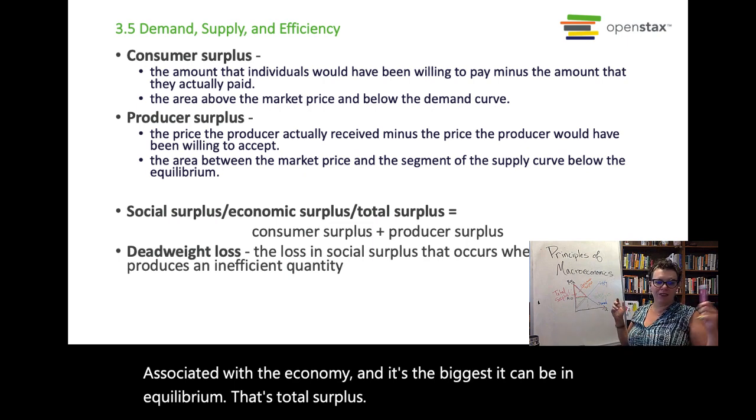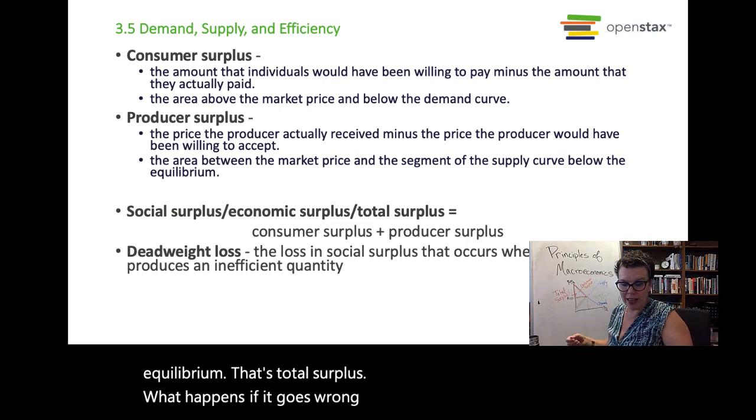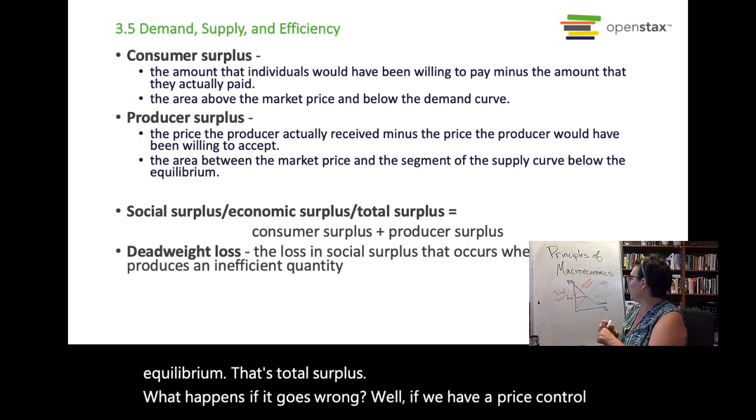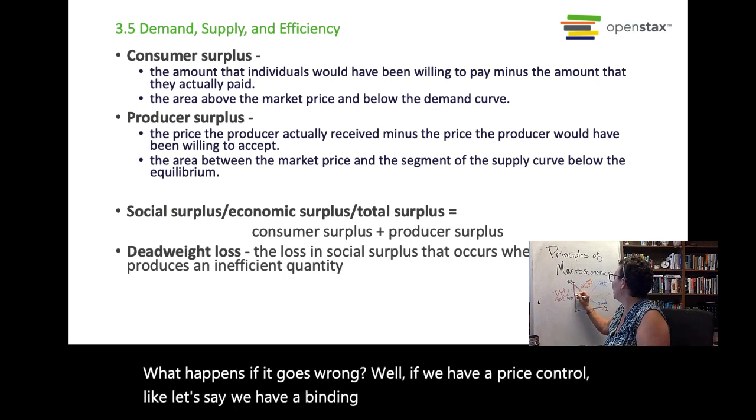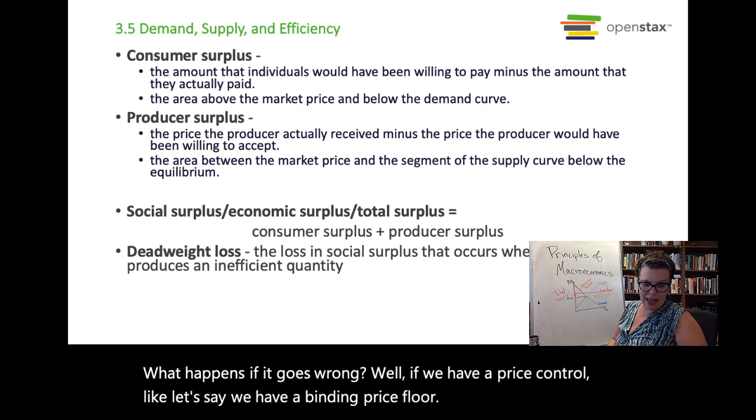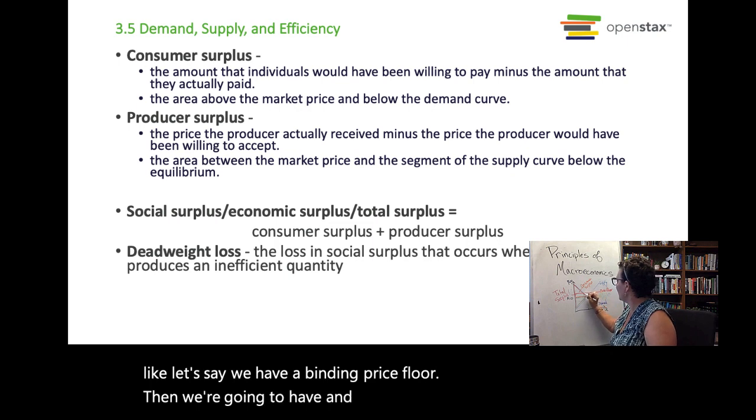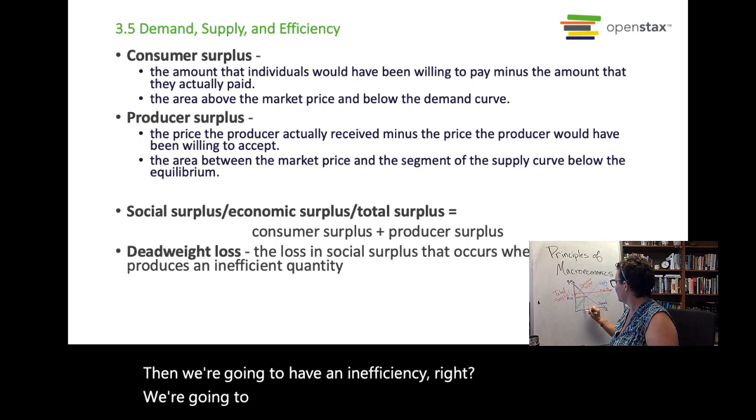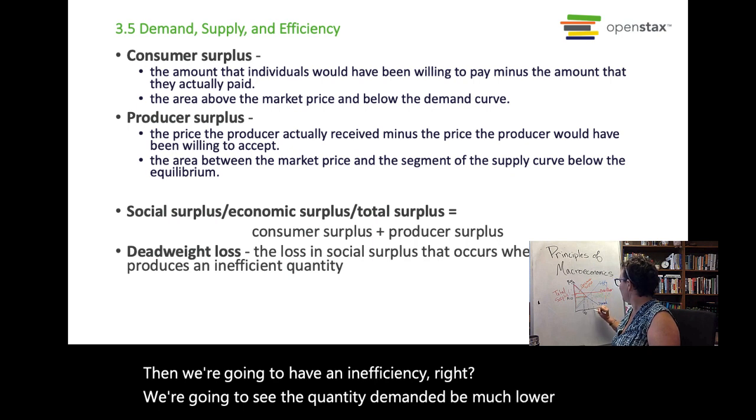What happens if it goes wrong? Well, if we have a price control, like let's say we have a binding price floor, then we're going to have an inefficiency, right? We're going to see the quantity demanded be much lower than the quantity supplied.